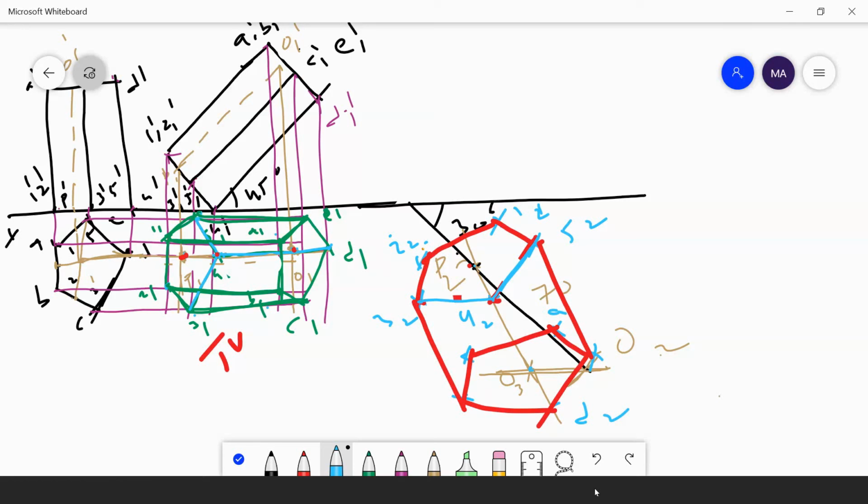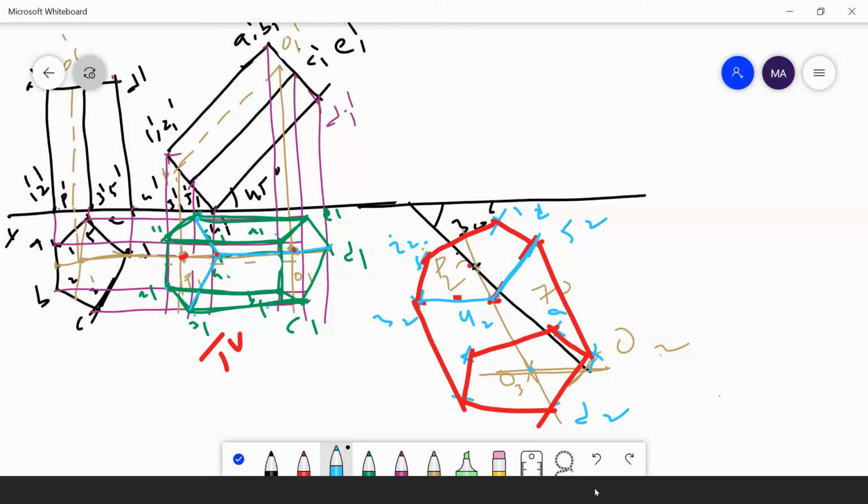After that, I am projecting all these points upward. First I am projecting 2, 1, projecting up to here, 2, 1, 2, 3, 4, 5. I am projecting 1, 2.